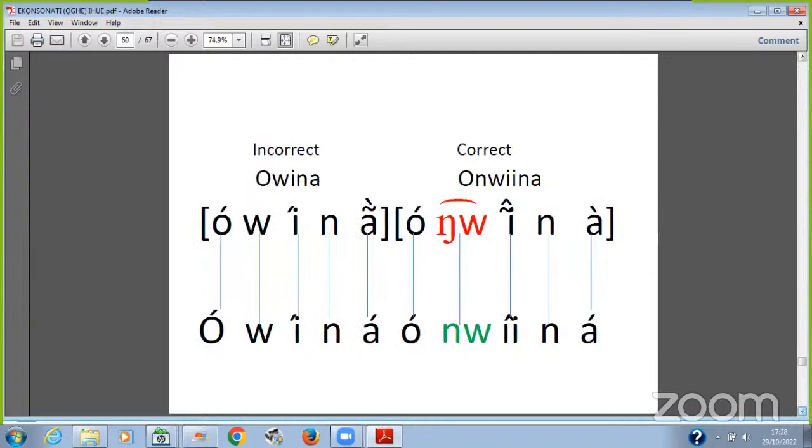Then you also have it in Onwina. So as it is now, it is Owi now that you have here.